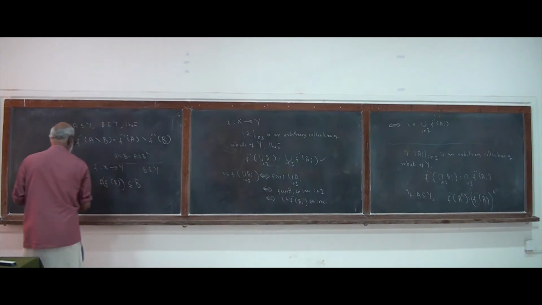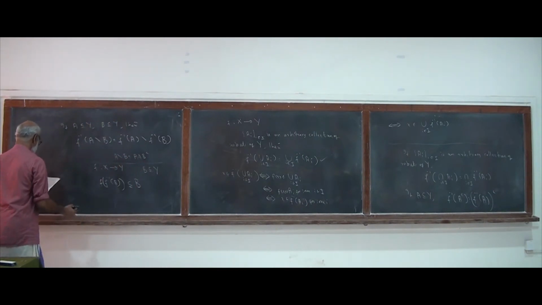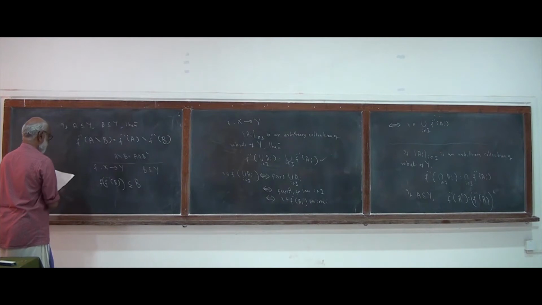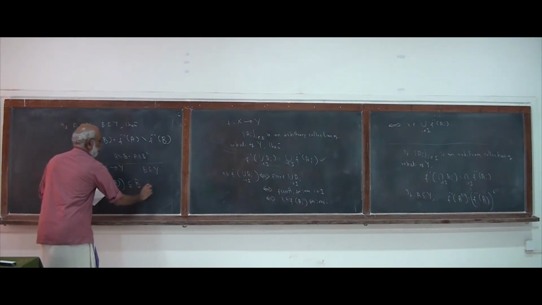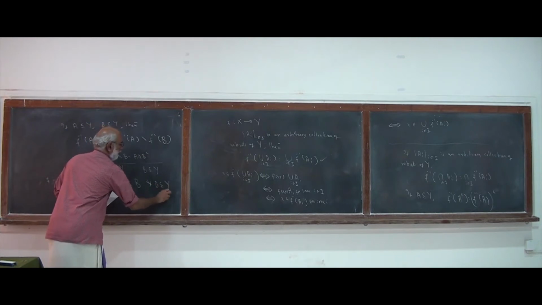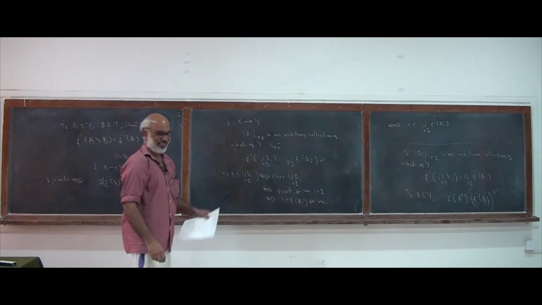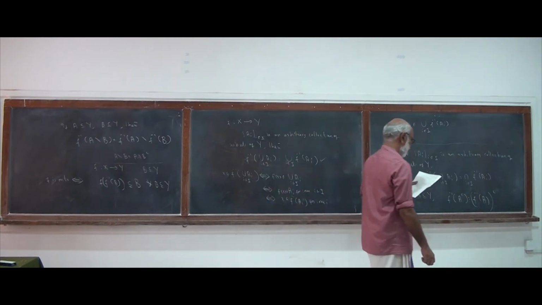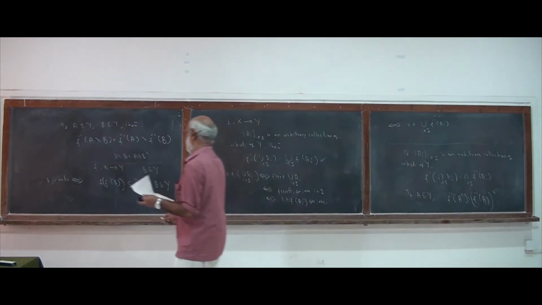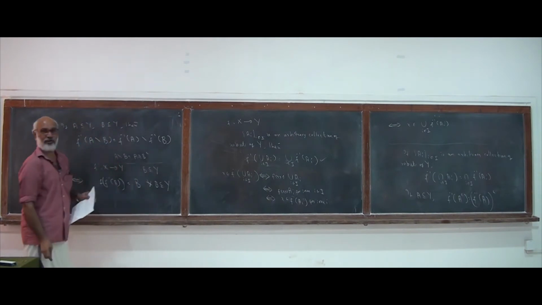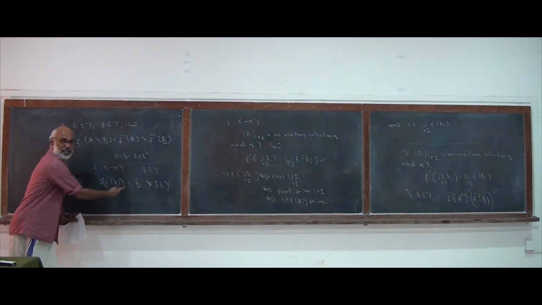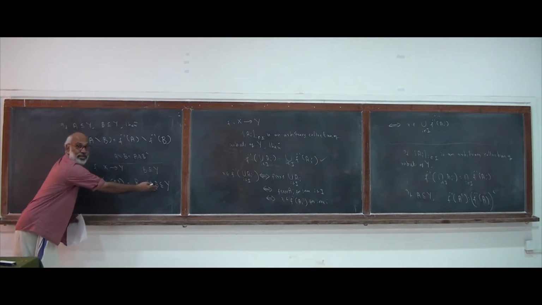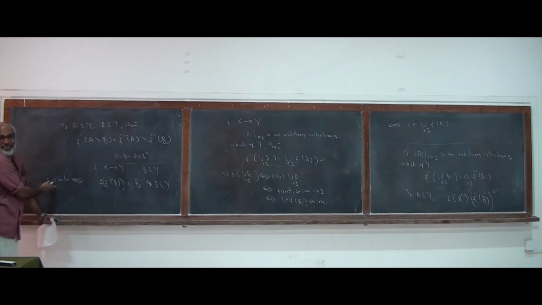And we can see that F is onto if and only if this happens for every subset B of Y. That is, sorry, if and only if these two things are equal for every subset. The set inclusion will always be there, but these two sets are equal for every subset B of Y if and only if F is onto.